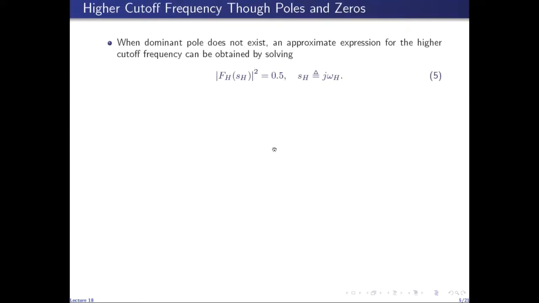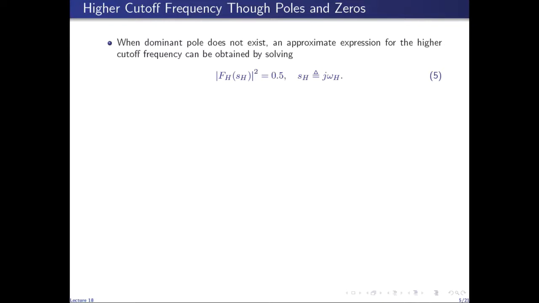Another way to obtain the higher cutoff frequency of an amplifier is to solve FH at the cutoff frequency by setting its magnitude square equal to 0.5. So at cutoff frequency, the magnitude of the gain of the amplifier drops to 70.8% of the magnitude of the gain of the amplifier in the midband.